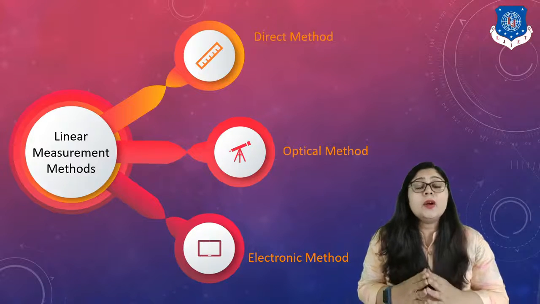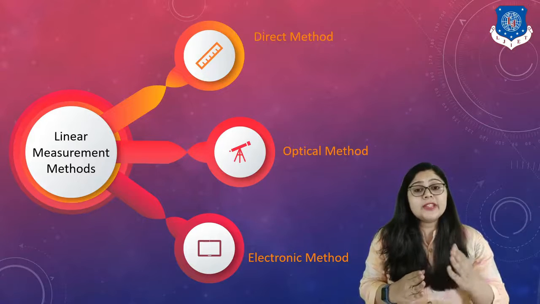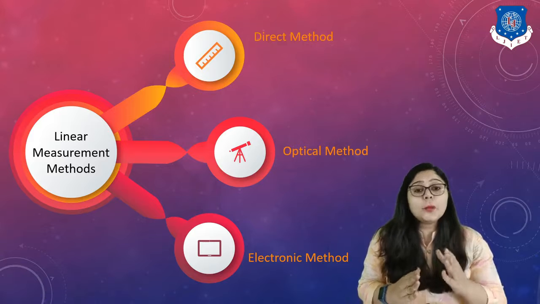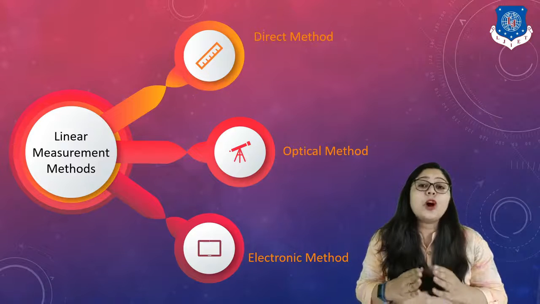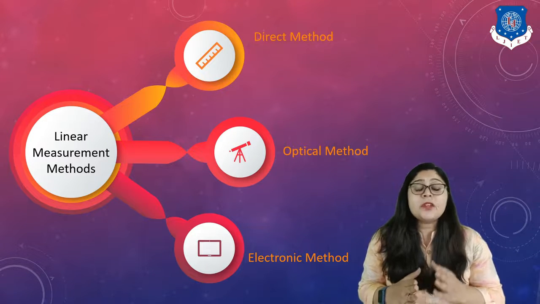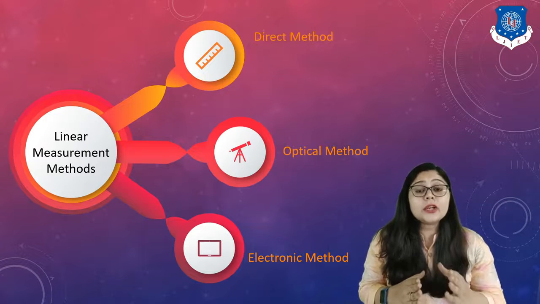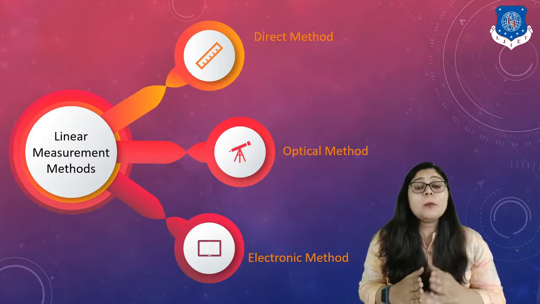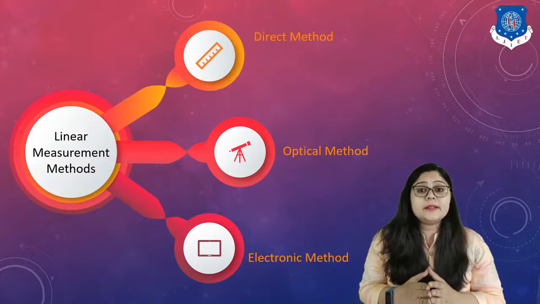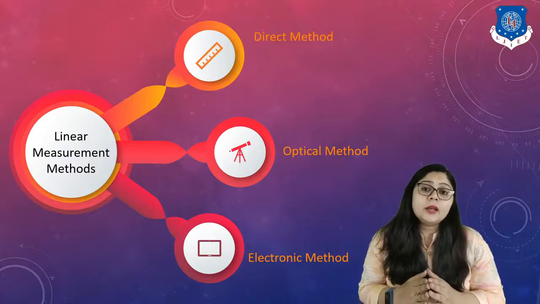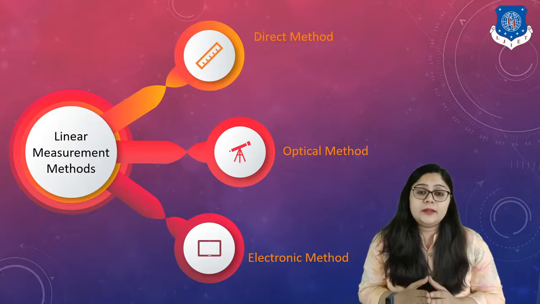In the direct method, we are directly using chain or tape for length measurement. In optical methods, the principles of optics are used. It means a tachymeter is used. And in the last method, the electronic method, electromagnetic distance measurements are considered. For example, a total station is used for this kind of method.